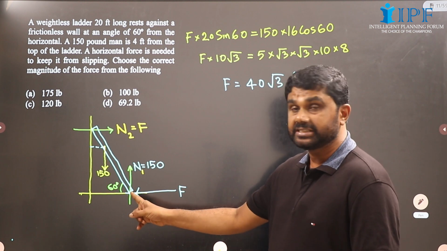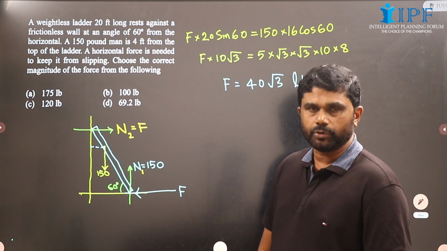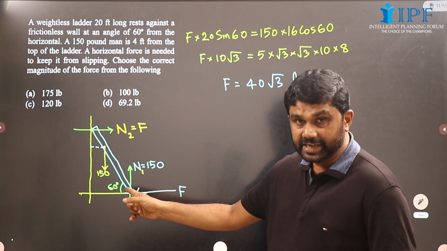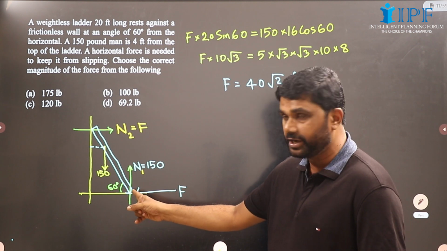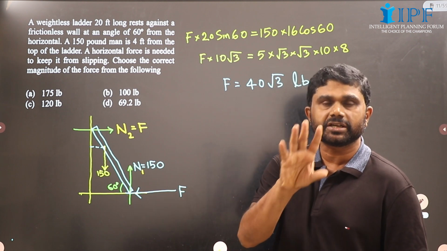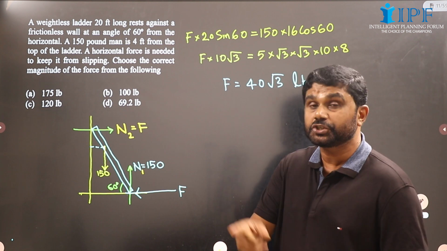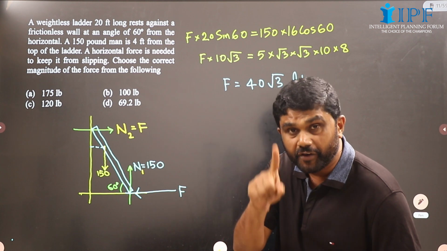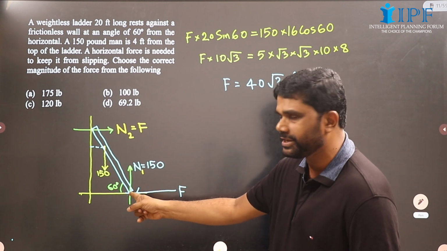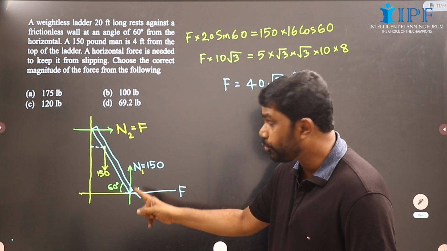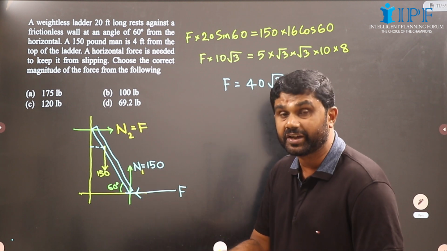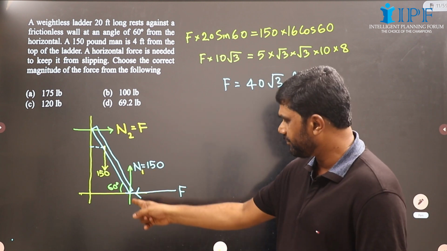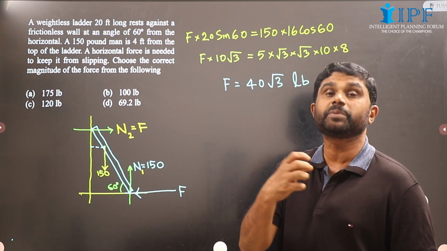Now let us take the rotational equilibrium, or let us find the turning effect about this point. I am taking the turning effect about this point because altogether there are 4 forces, of which 2 are passing through this point. So if you find the turning effect about this point, the turning effect due to these 2 forces will be 0, and you will get a simple relation.